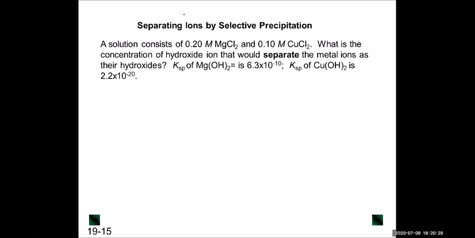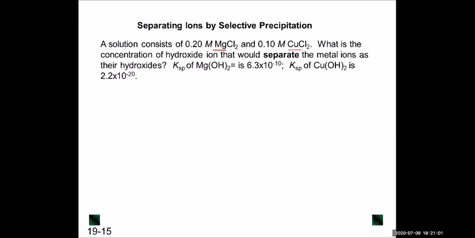So here we talk about what kind of hydroxide concentration can separate these two metals, which means forming precipitate with one of the metal ions and keeping the other ion in the solution. So we have the KSP for both, and we have the metal concentration.